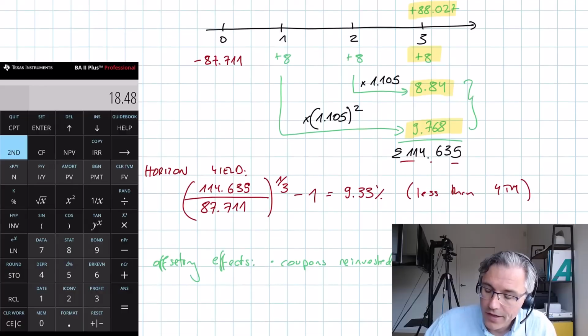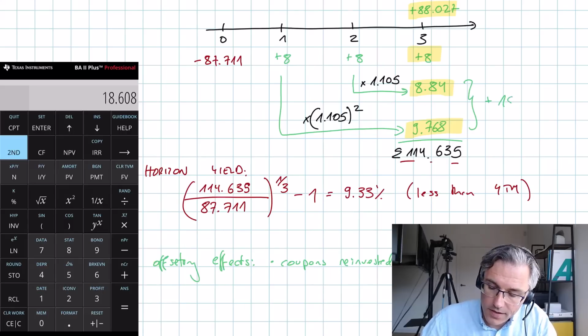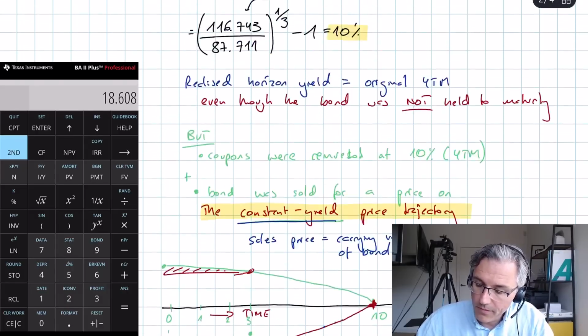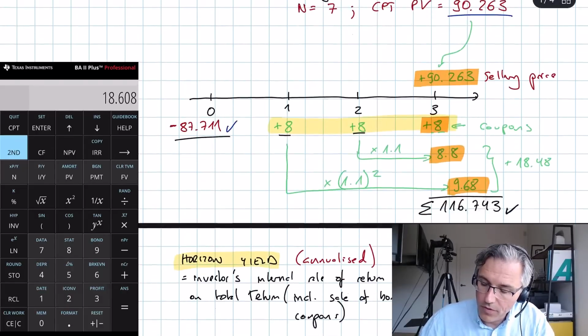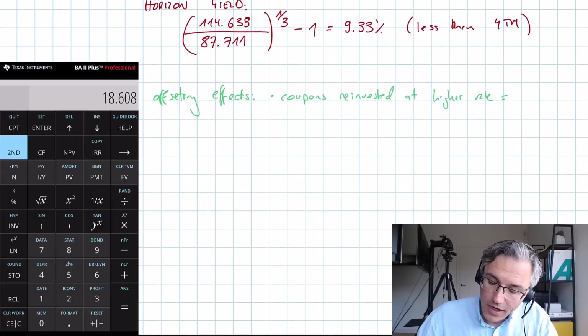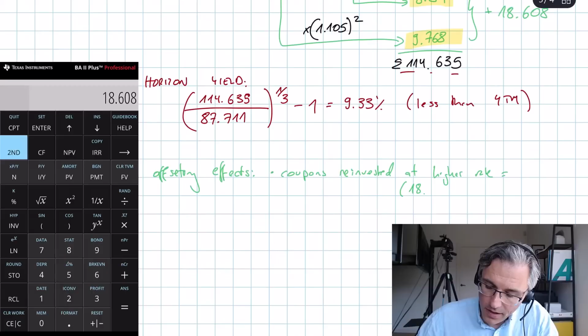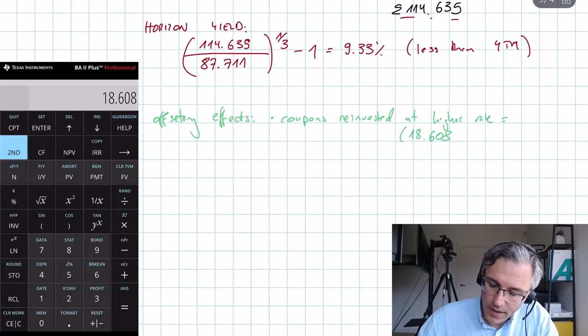Whereas over here, these reinvested coupons were giving a grand total which is going to be bigger. 8.84 plus 9.768. Okay, this is 18.608. So once again, a glance back at the previous number. This total was 18.48. Now we've got a higher one. So how I want to quantify the difference. The difference is 18.608 minus the previous 18.48.